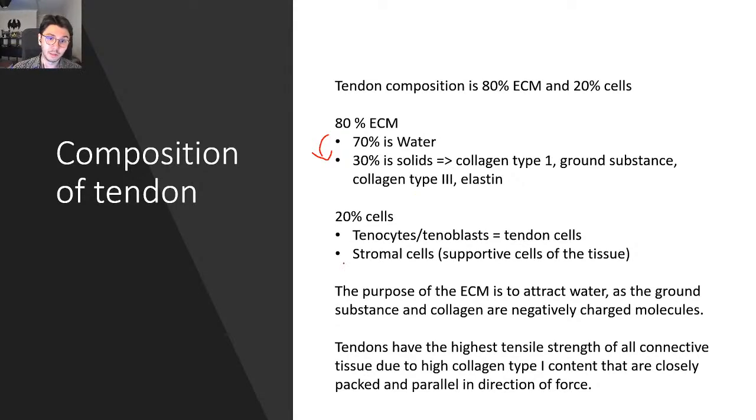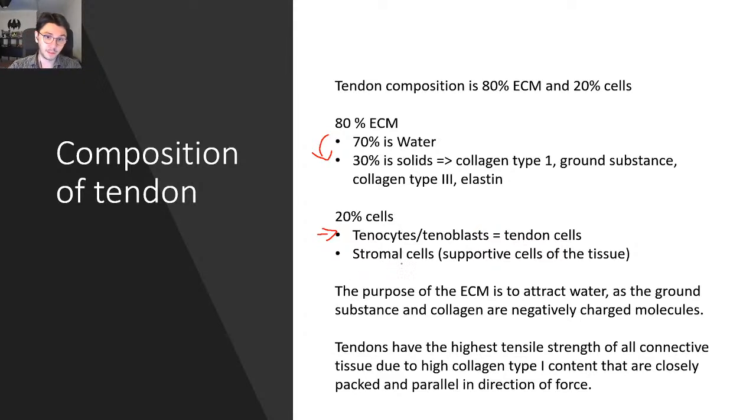The rest is cells. So we have tenocytes. If we remember back to the osteoblasts and osteocytes, which are basically cells that create things, they create the tissue, and they're found in the bones. Teno means tendon, so these are cells found in the tendons.